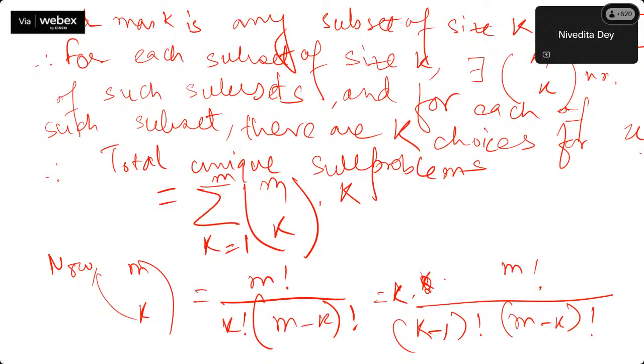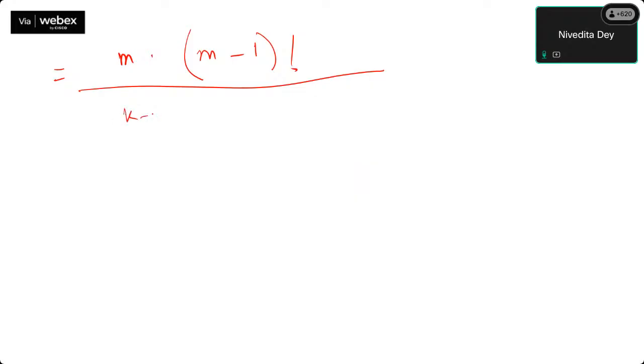Now this can be written further as m into m minus 1 factorial divided by k minus 1 factorial, and so on.